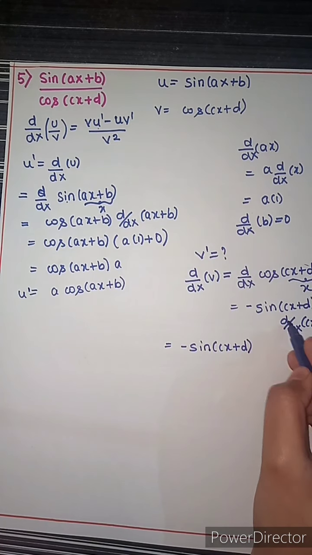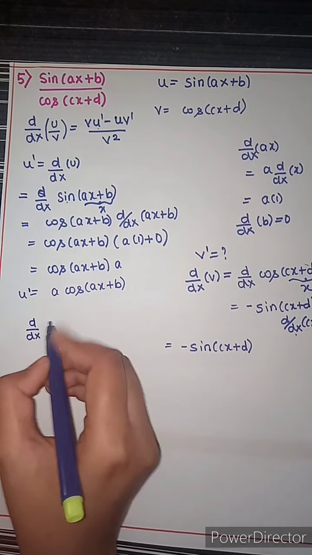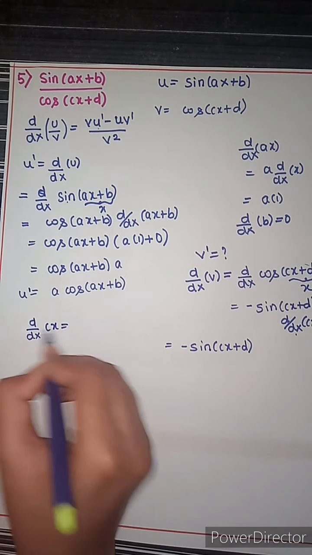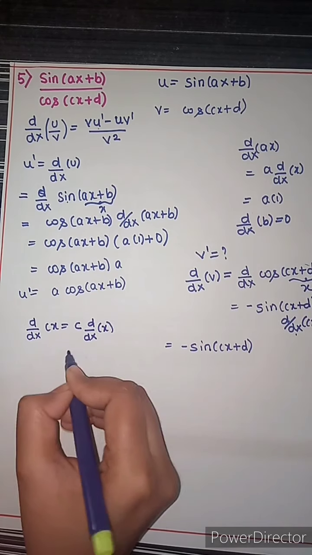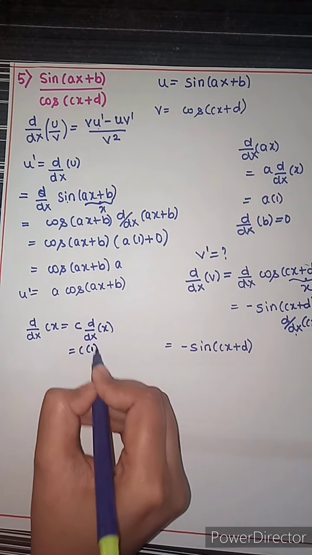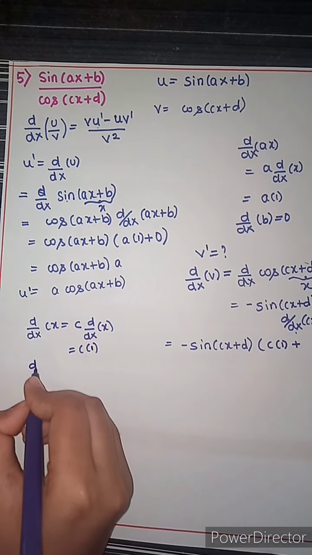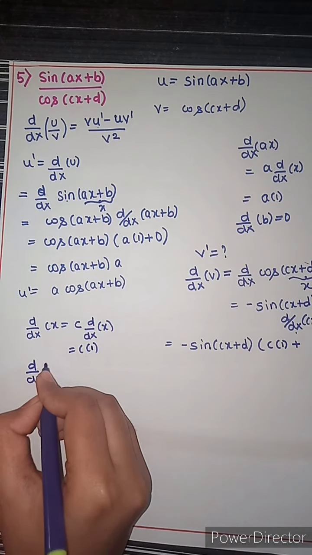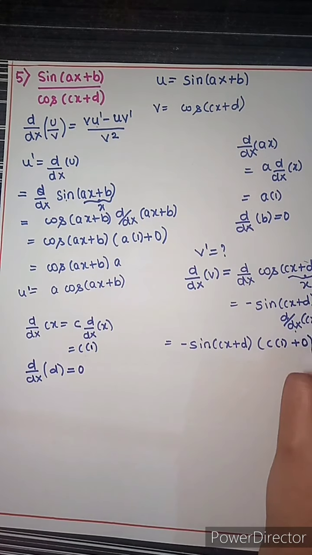Now derivative of cx, d by dx of cx, c constant, d by dx of x is 1. So c into 1 plus d by dx of d is 0.